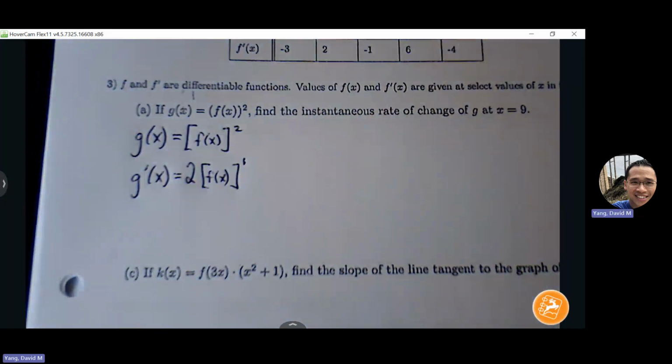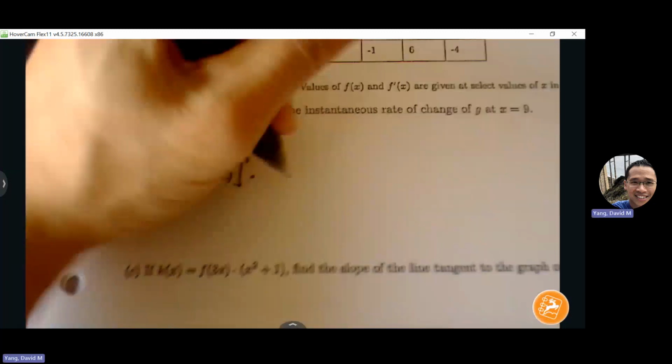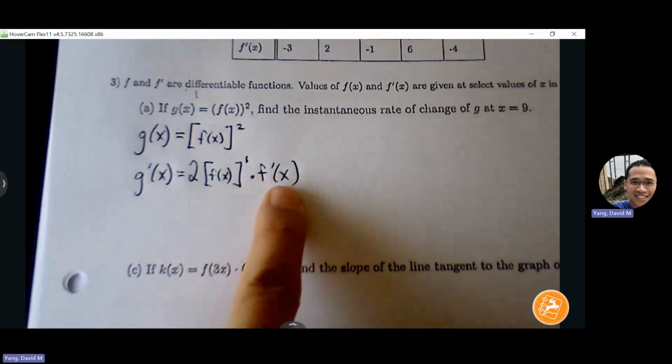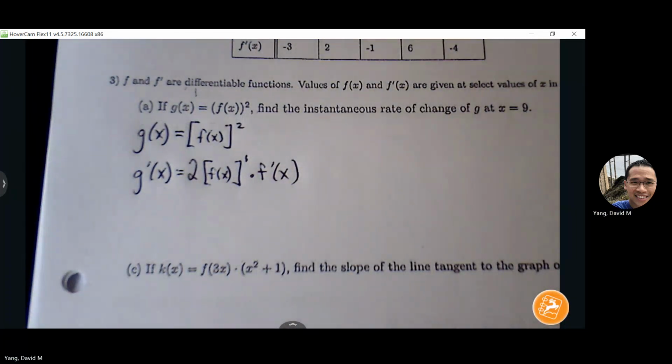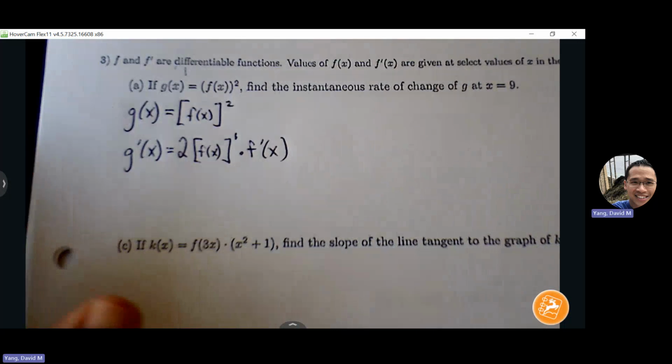So that's the outside function's derivative times the inside function's derivative, times f prime. Okay, so now we've applied chain rule: outside's derivative, inside's derivative. Replace every x with 9 and then try to step by step get it down to a real number. So try that, and I'll work on it at the same time you do.